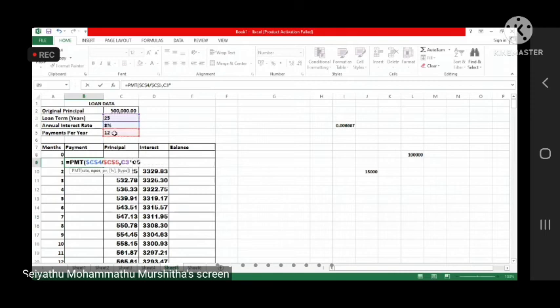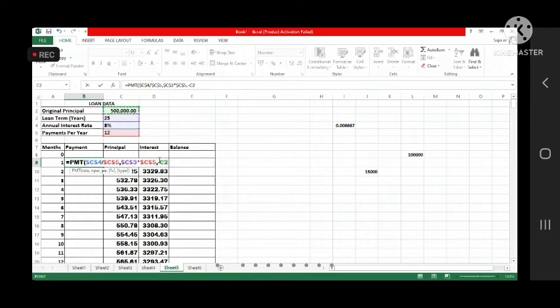What is the number of periods? Long term years multiplied by payment per year. 25 years we have to pay, but it says every month we have to pay. So what is the total period? 25 years multiplied by 12. So C3 into C5, we have to absolute this one also. Never change.